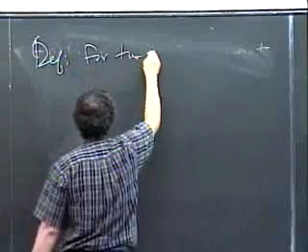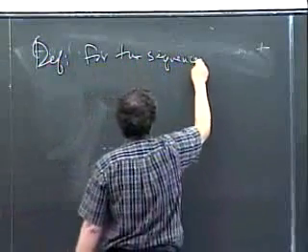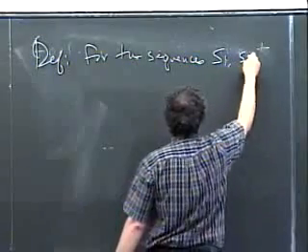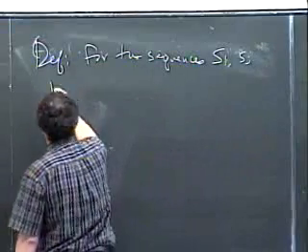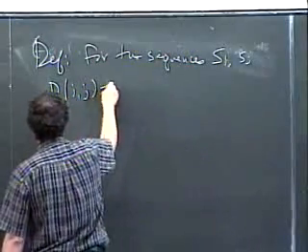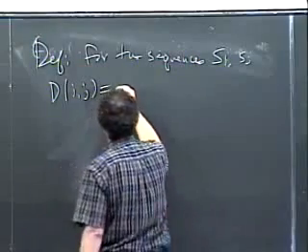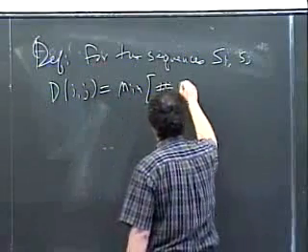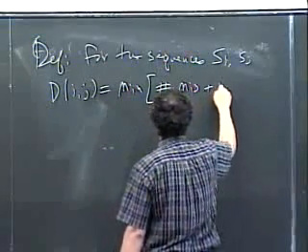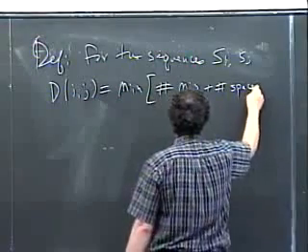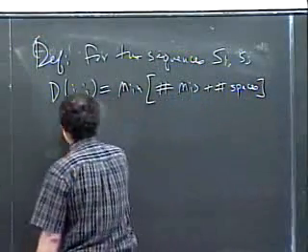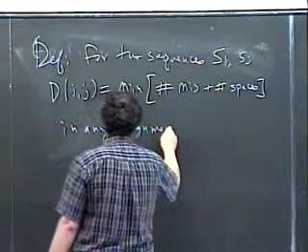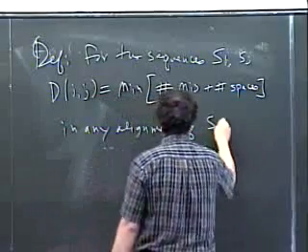For two sequences, SI and SJ, Dij equals the minimum number of mismatches plus number of spaces in any alignment of SI and SJ.